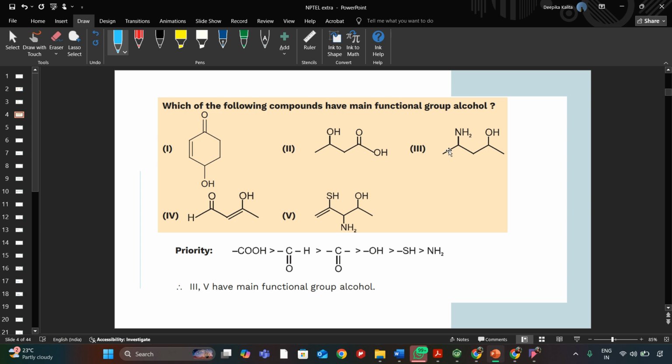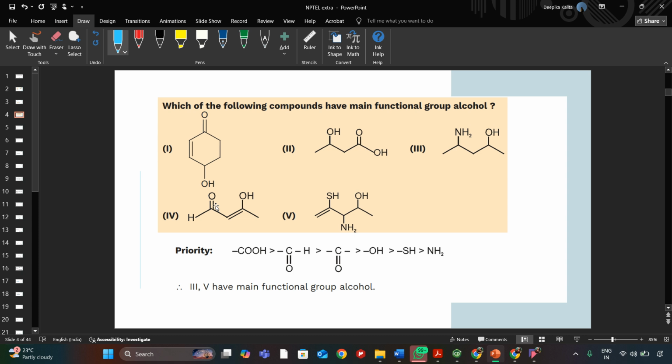When it comes to the third one, it contains amine and hydroxy group. So amine has lower priority. Hence, this will have hydroxyl group as the main functional group. And in the fourth, we have aldehyde, which has higher priority than hydroxyl group.